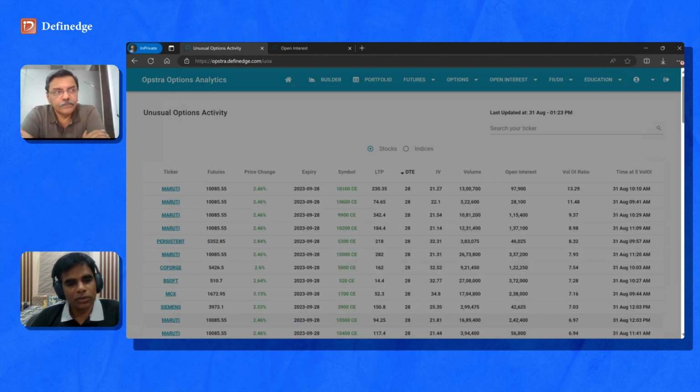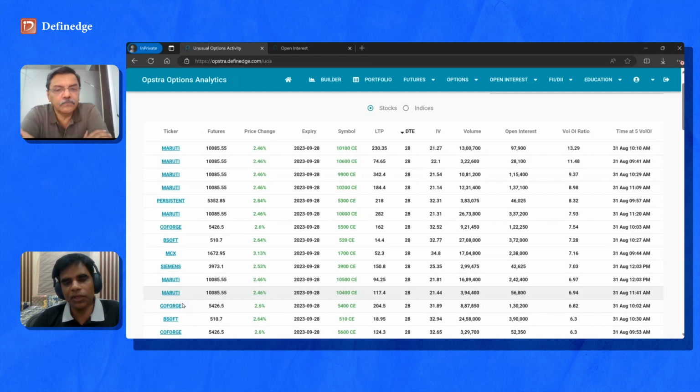Yesterday we got Naukri. I've been observing this for the last several days, and you can easily catch at least 2 to 3 stocks early in the morning, which can be traded based on this signal.